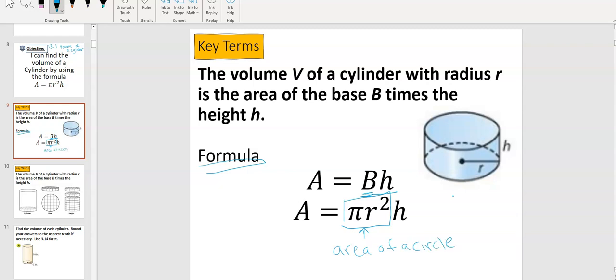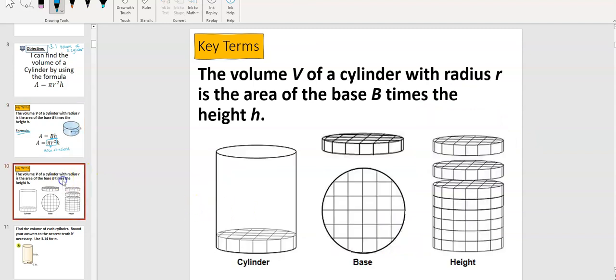So you're just going to find the area of this circle and times it by its height. It's actually pretty simple, but you need to know how to find the pieces that you need and plug them into that calculator easily. Okay, so laying out why this works: think of the cylinder base as having a measurement of 1 unit high.